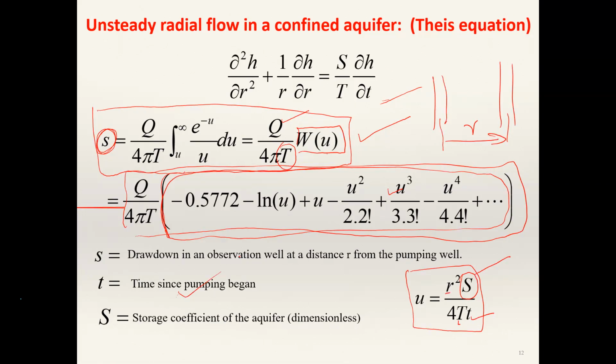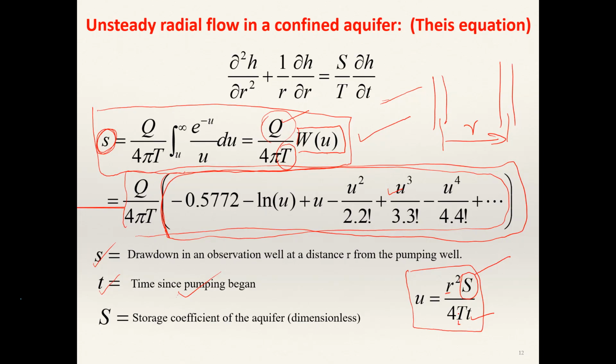That's it. So now you see, by knowing the drawdown, and by measuring the time and also the flow rate, the pumping rate, you can find out the aquifer properties, transmissivity and the storativity.